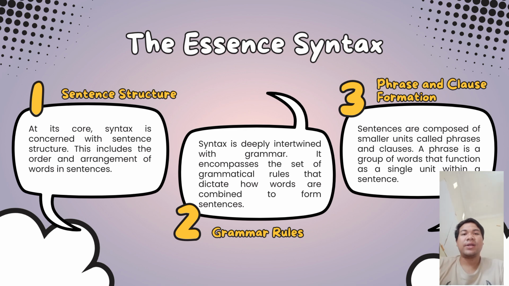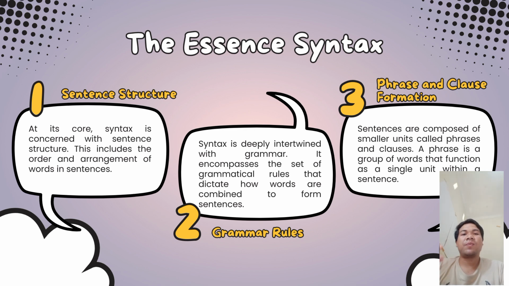And number three is phrase and clause formation. Sentences are composed of smaller units called phrases and clauses. A phrase is a group of words that functions as a single unit within a sentence.